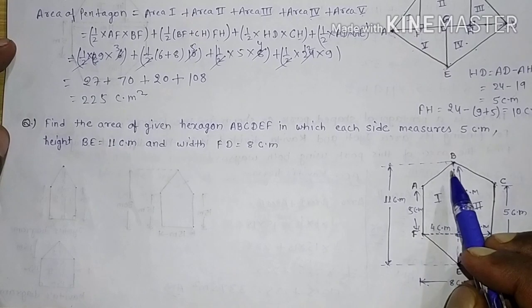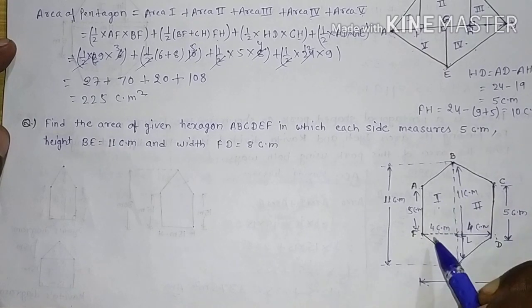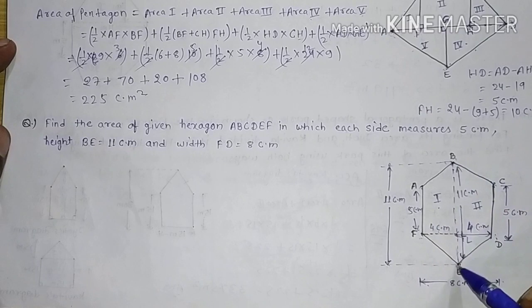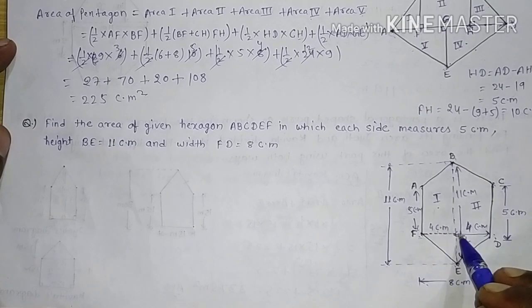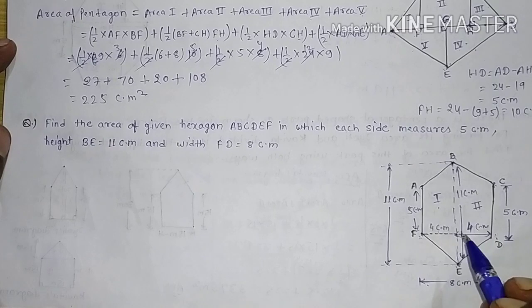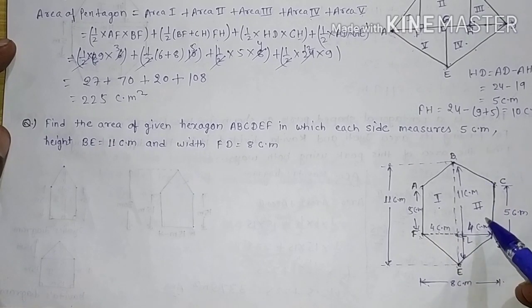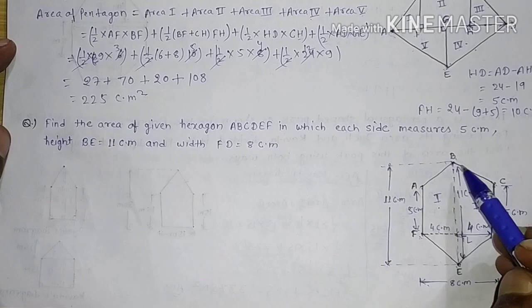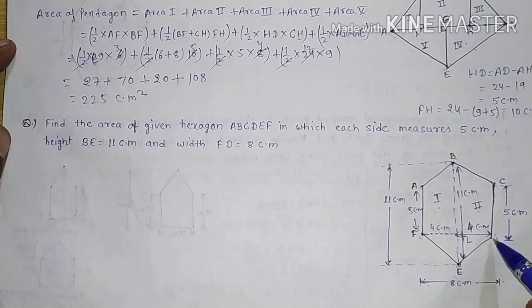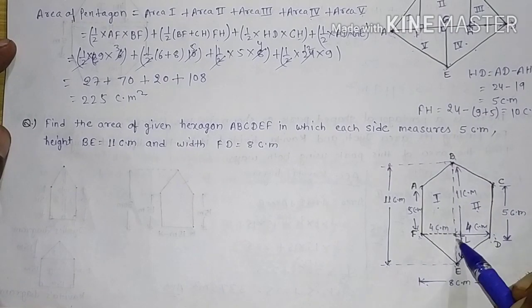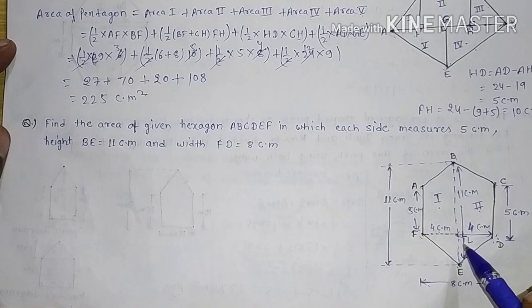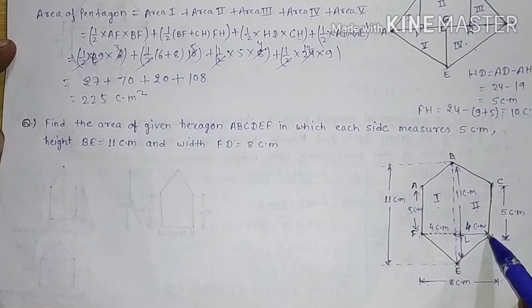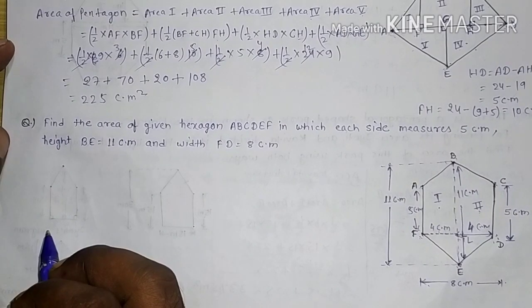Now the first section is in the shape of a trapezium, where AF and BE are the parallel sides and FL is the distance between the parallel sides. Similarly, for section 2, BE and CD are the parallel lines and LD is the distance between the parallel lines. So there are these two trapeziums whose areas we have to find.